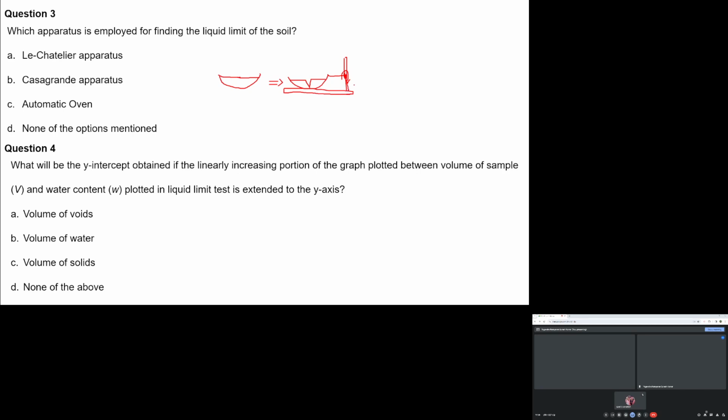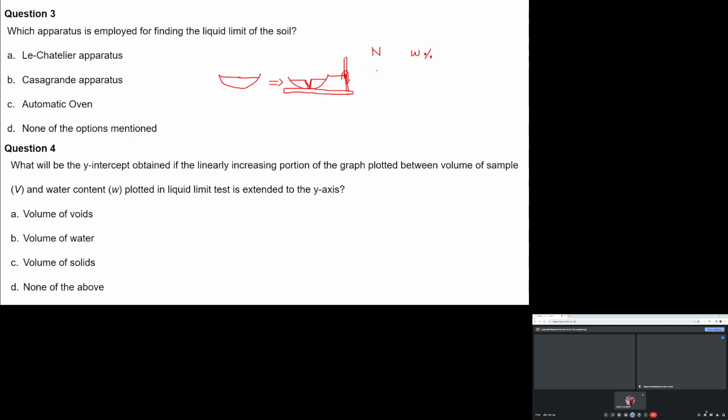Now, when the groove is completely closed, at what blow is it getting filled up? That number of blows is noted down, denoted as N, and the soil sample is taken out and dried in the oven to get the water content.